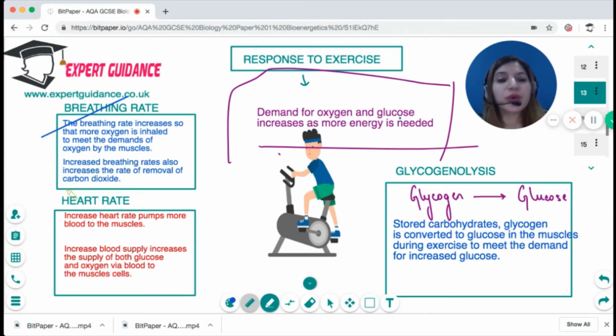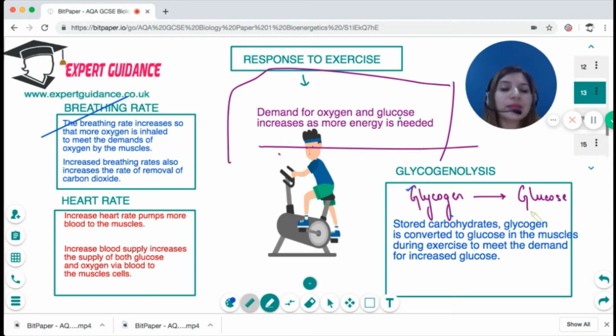Next, the glucose is transported in the body via blood, and the blood is pumped by the heart. So to meet the demand for increasing glucose, your heart rate increases. It pumps more blood to the muscles, increasing the supply of both glucose and oxygen via blood to a muscle cell. Your body stores excess glucose as glycogen.